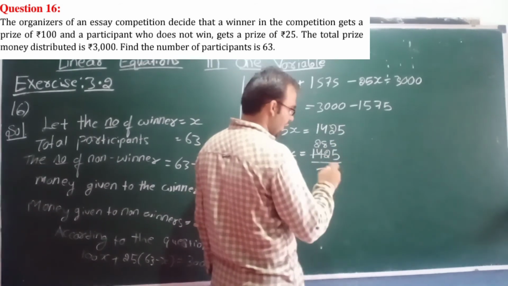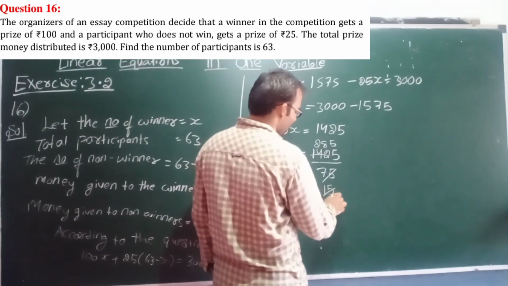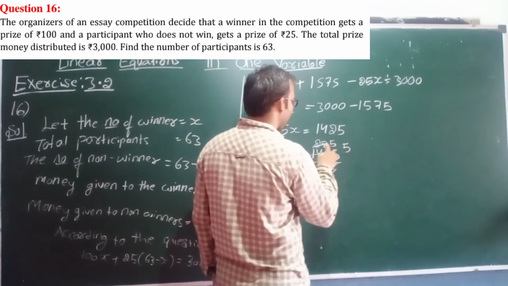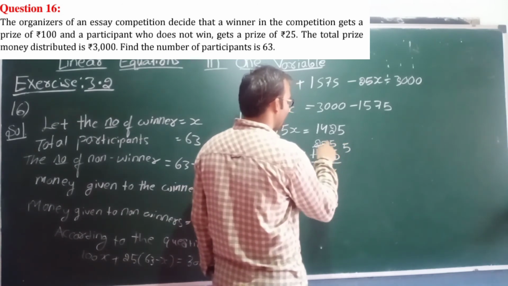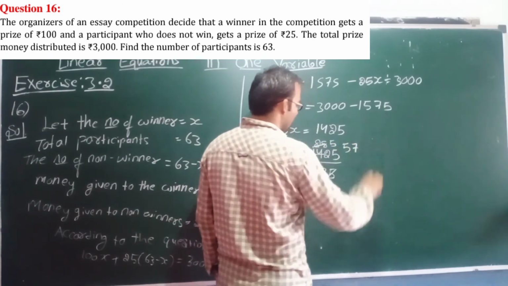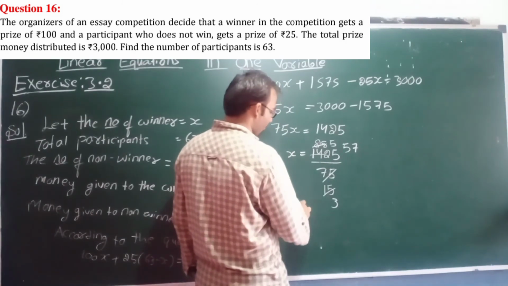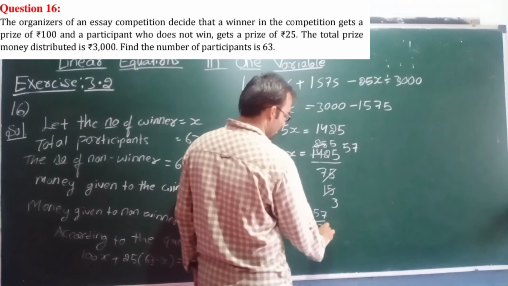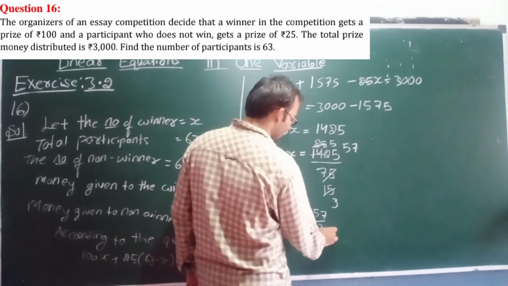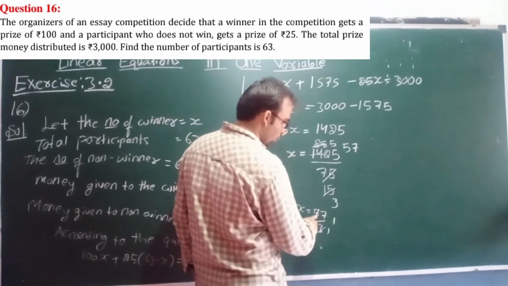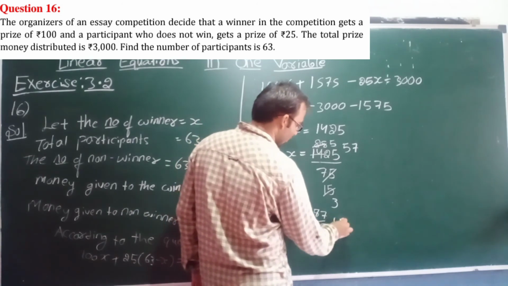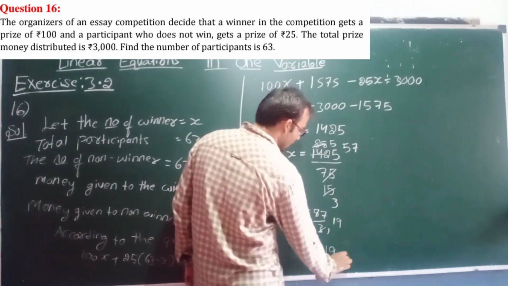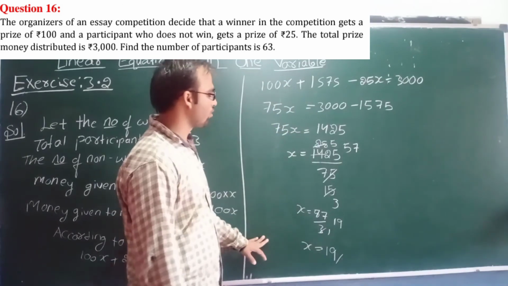So again I am cancelling with the 5 only. 5 3s are 15. 5 5s are 25. 3 remains, and here 5 35. 5 7s are 35. So what you got? x is equal to 57 by 3. So again it can be cancelled. 3 1s are 3. 2 remains here, 7 27. So 3 9s are 27. So what is x? x is equal to how much? 19. Okay. So x is equal to 19.